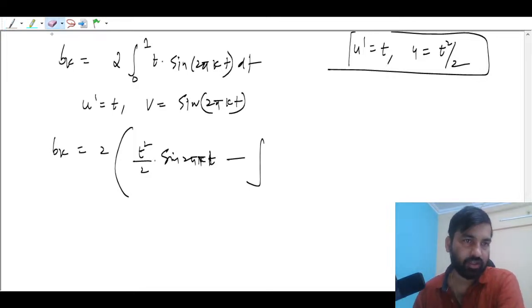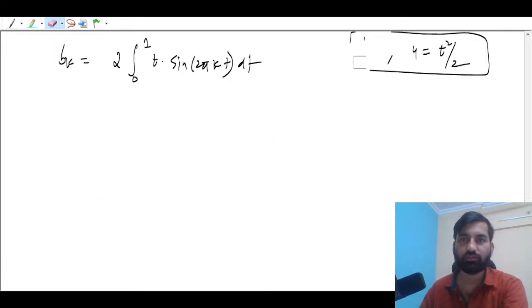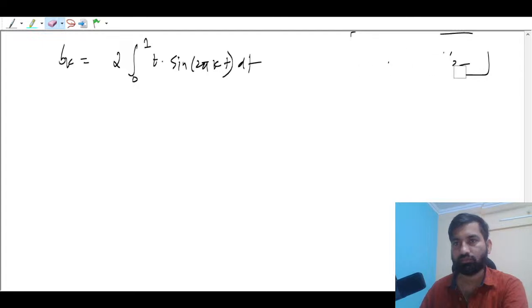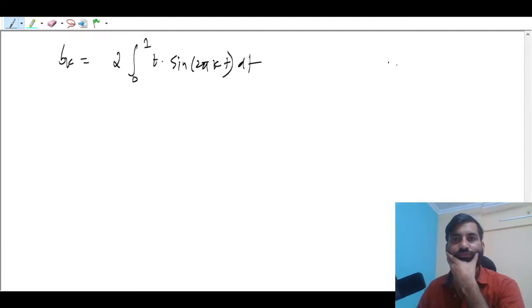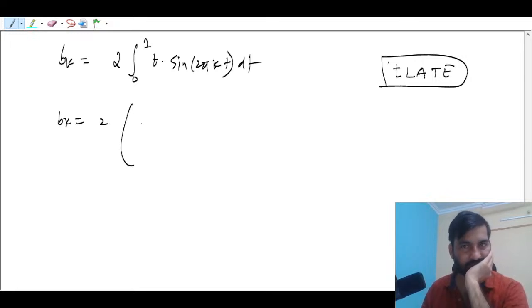So what we can do here is take u and we have to decide the first function and the second function. We can go for ILATE also. So bk is going to be 2 times of, keep the first function as it is.